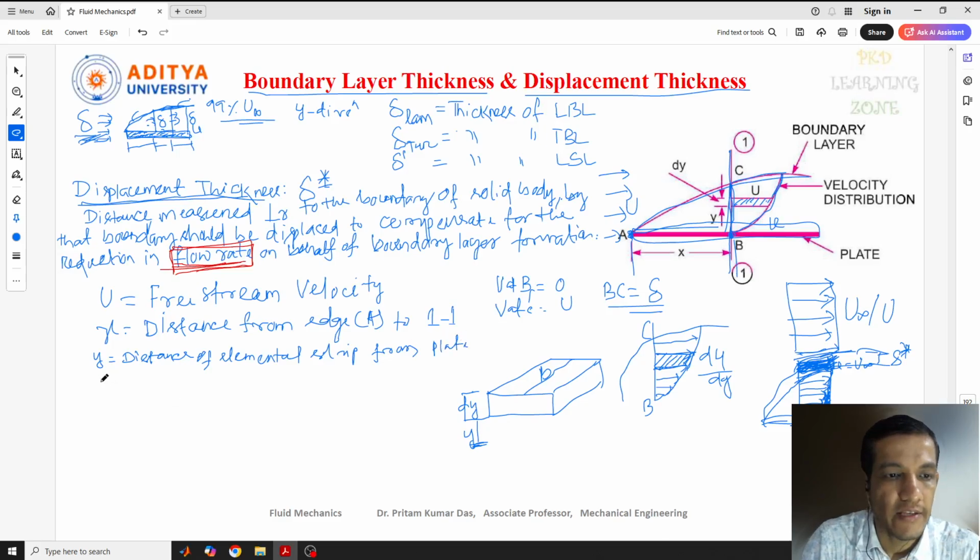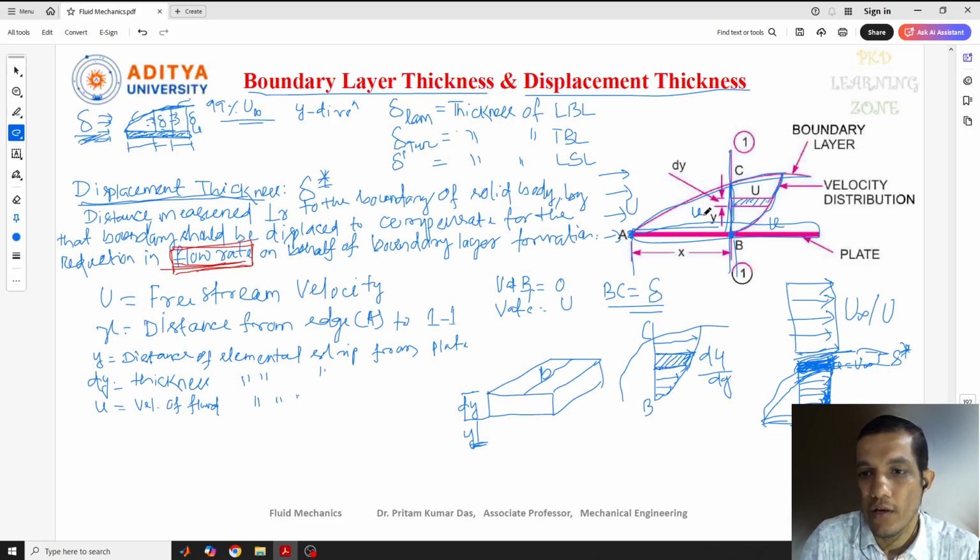Similarly, dy is the thickness of the elemental strip. Similarly, let small u equal the velocity of the fluid flowing in the elemental strip, that is the local velocity. And b, already shown, is the width of the plate.